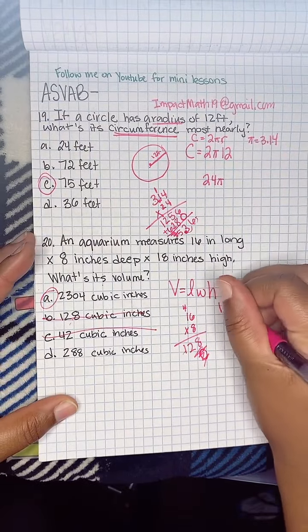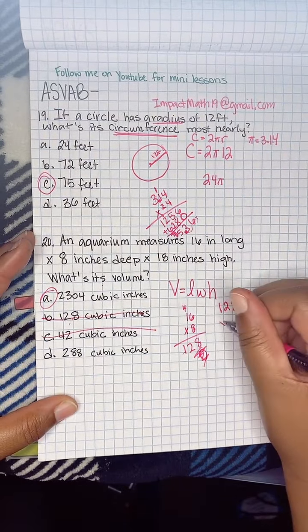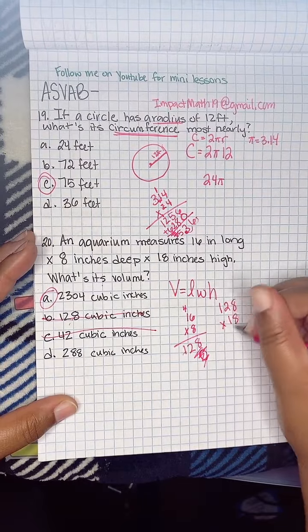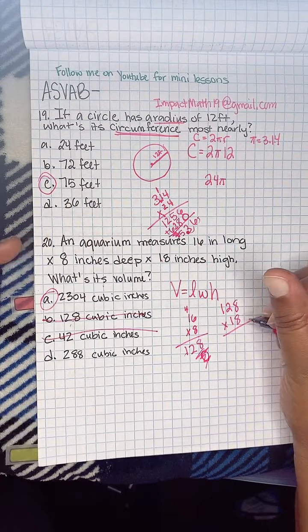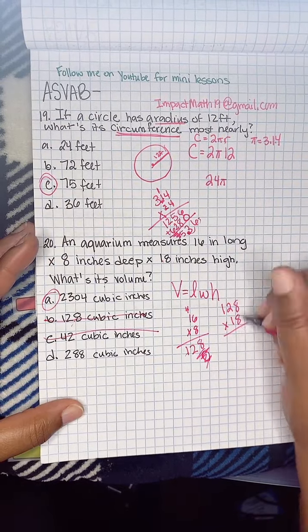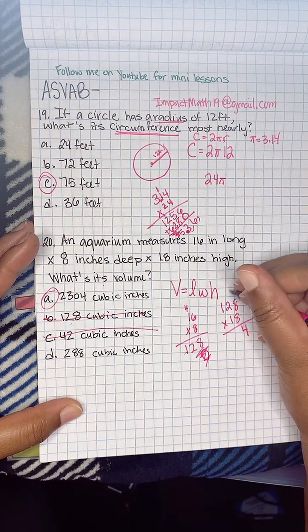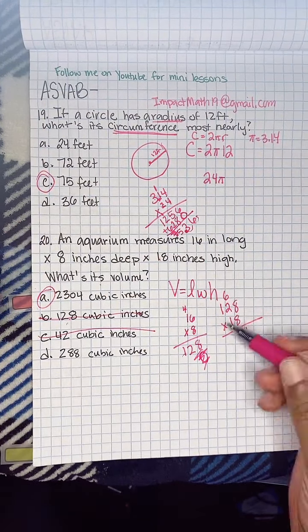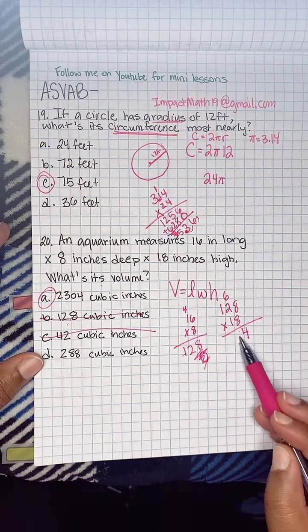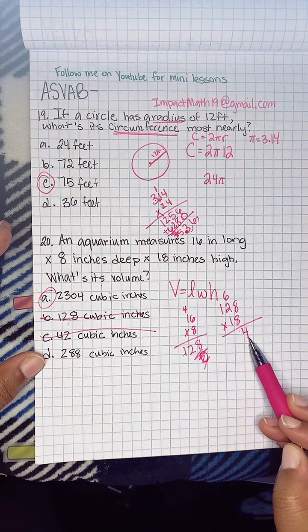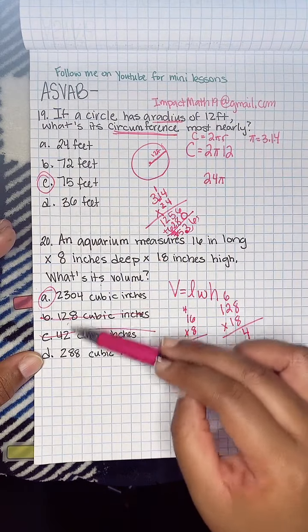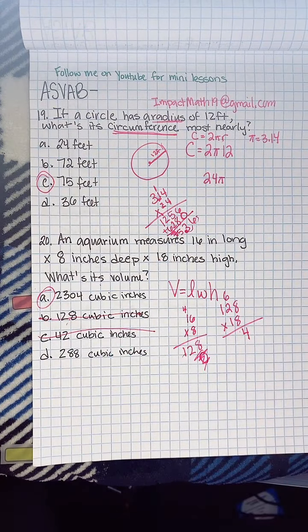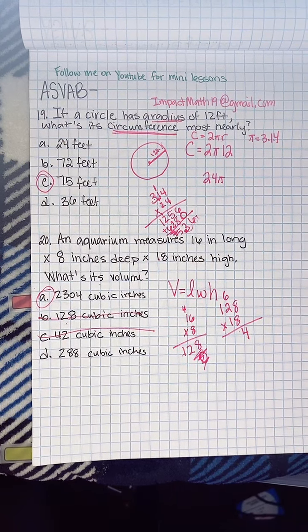So now we're going to do 128 times 18. I might be a little bit off, but it could be D, maybe. 8 times 8 is 64. Nope, I'm stopping right there. Because as soon as I see this 4 right here, I know my answer has to end in a 4. The only one that ended in a 4 was A. Does that make sense, you guys?